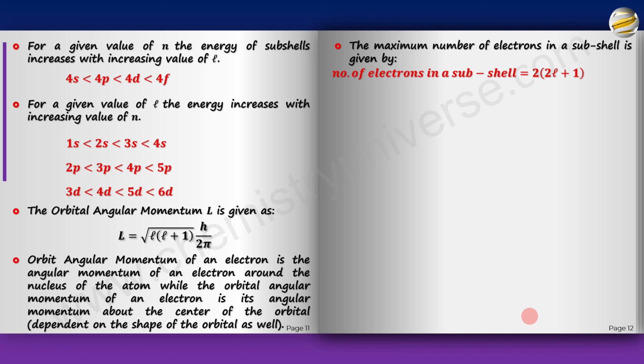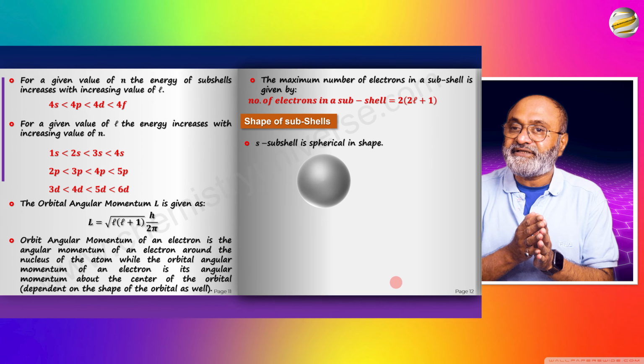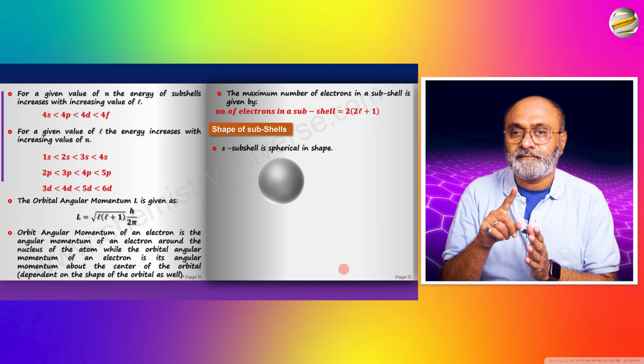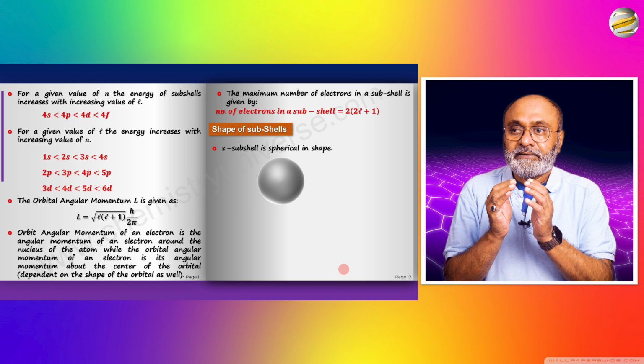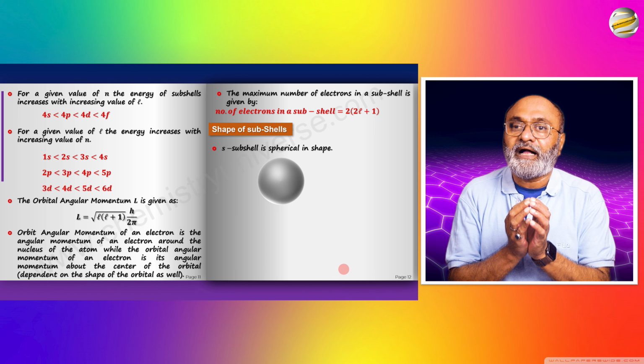Now, let's look at the shapes of subshells. S subshell is spherical in shape. What this means is, it doesn't mean the electron is moving in a sphere. These are the regions of high electron density.